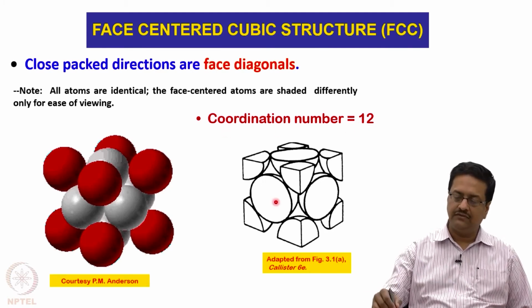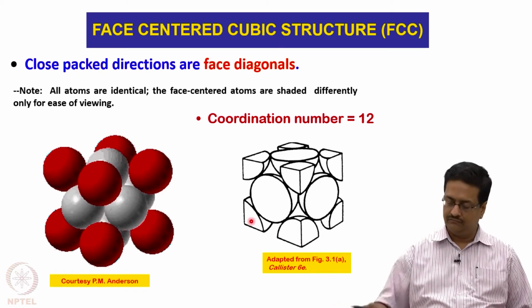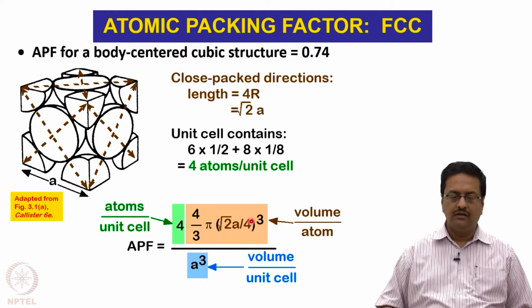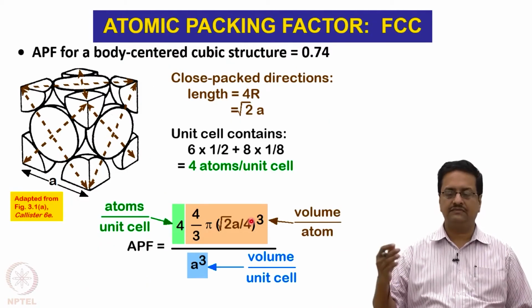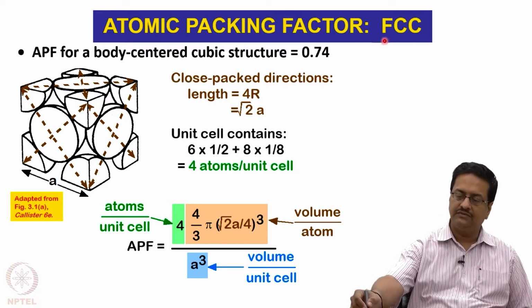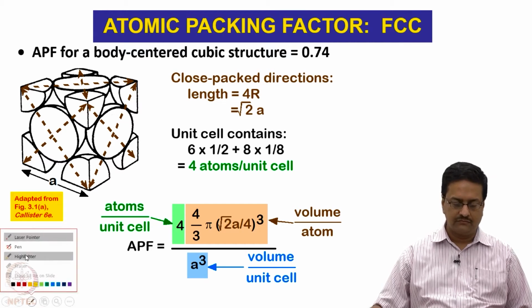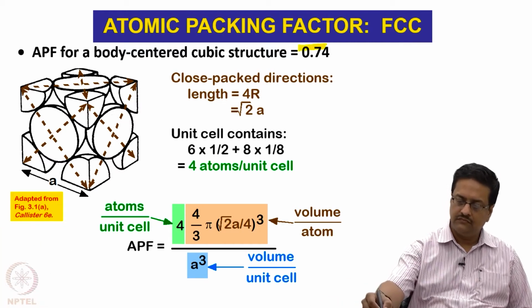That means every atom has 12 nearest neighbors associated with it. So in case of this face-centered cubic, the atomic packing factor for FCC turns out to be 0.74, highest among all the three.